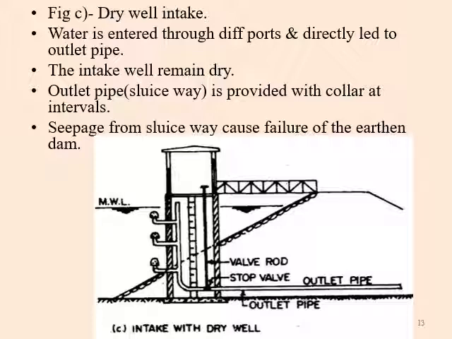Seepage from the sluiceway, meaning this outlet pipe, can cause failure of the earthen dam. All these things are happening in the earthen dam body, so seepage can be a problem of failure in the dam body. Regarding this, we can discuss it in the 7th semester, design of hydraulic structures.